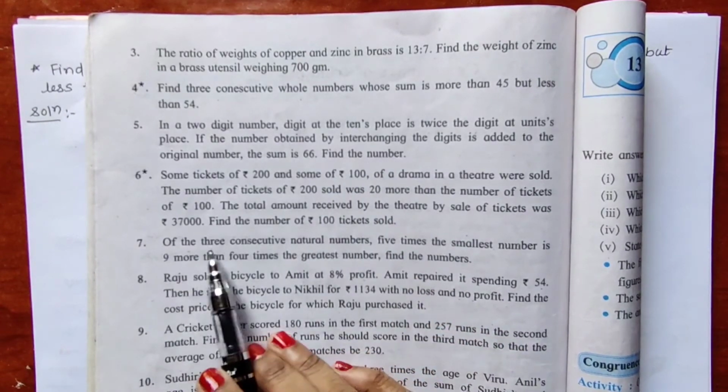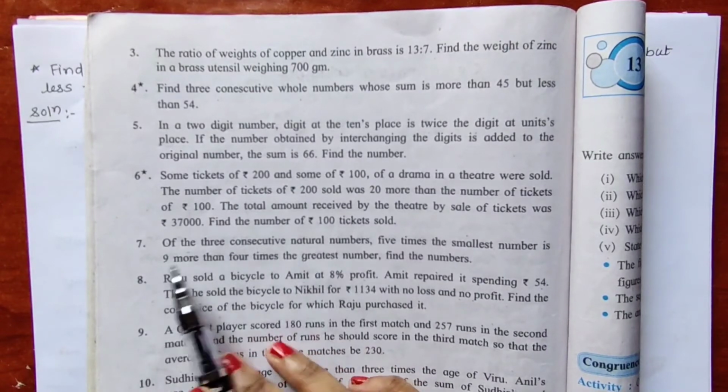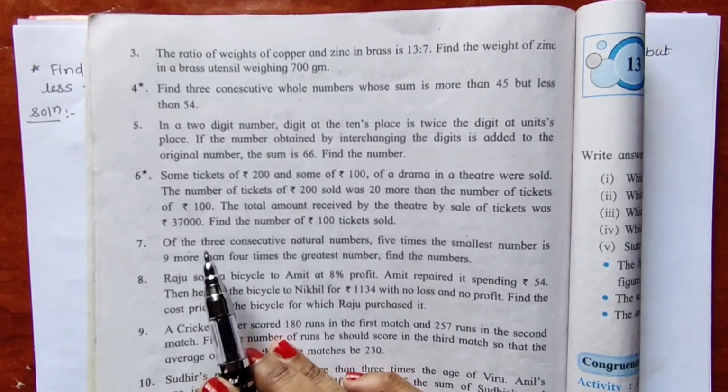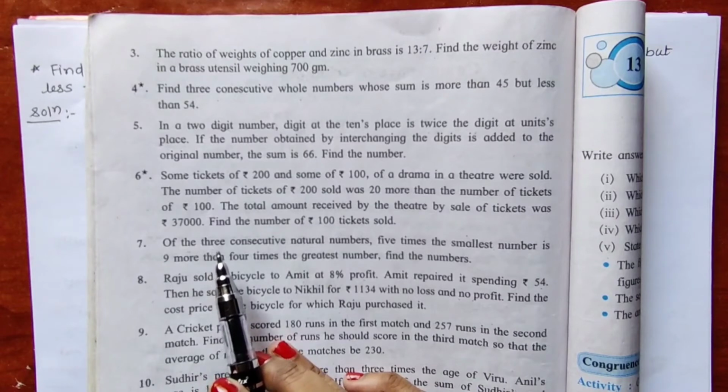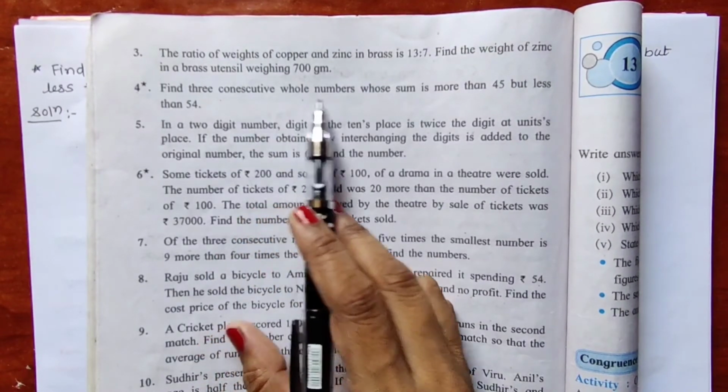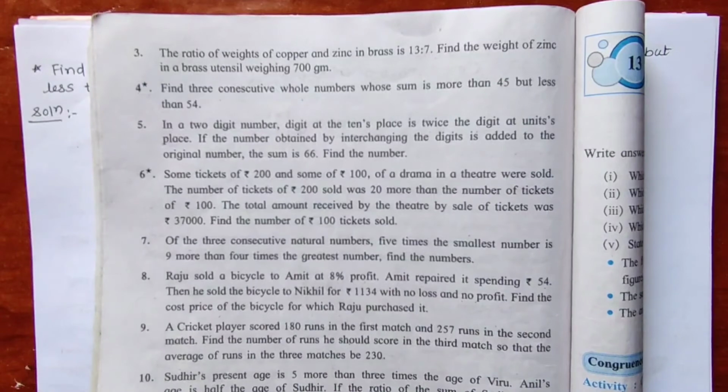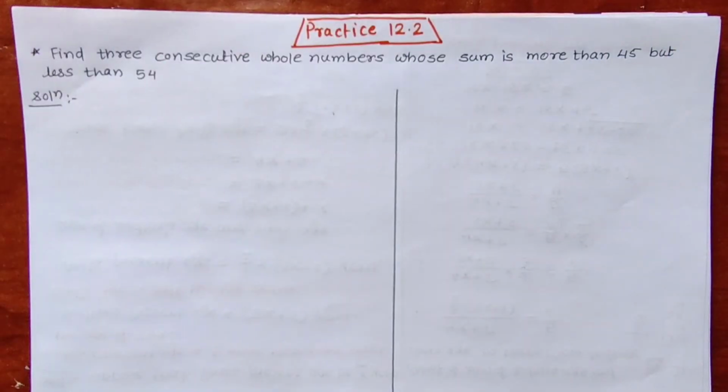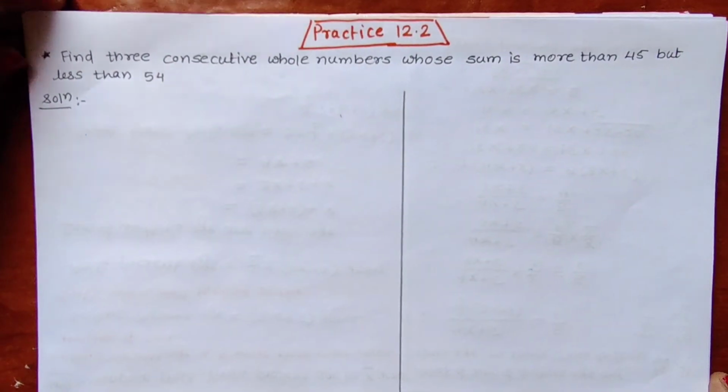So in 3 consecutive natural numbers, in question number 7 we have taken it as x, x plus 1, x plus 2. Similarly for 3 consecutive whole numbers also we will take it as x, x plus 1, x plus 2. So let us write here our solution. We will start like that only.